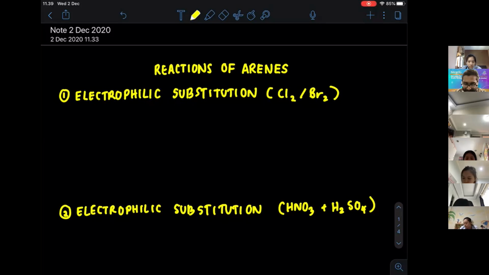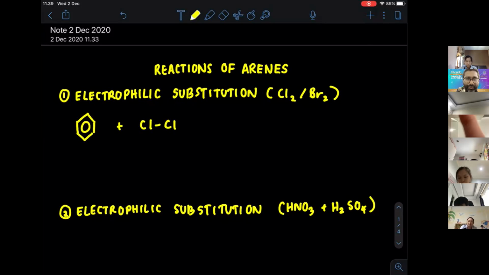Let's look at one example. If you have benzene and we react it with, for example, Cl2, Cl and Cl, this is going to happen in the presence of a halogen carrier. The halogen carrier that we use must be related to this Cl, so maybe you can use FeCl3.